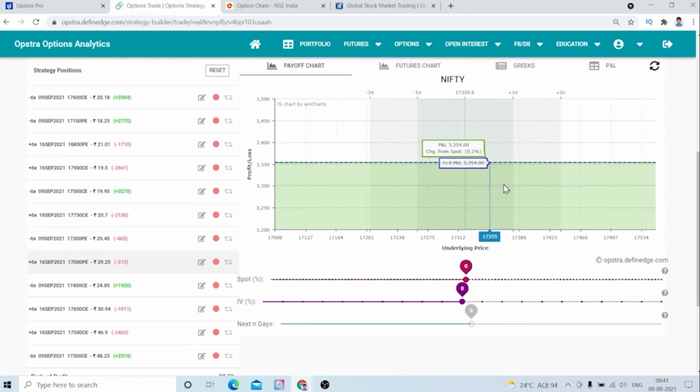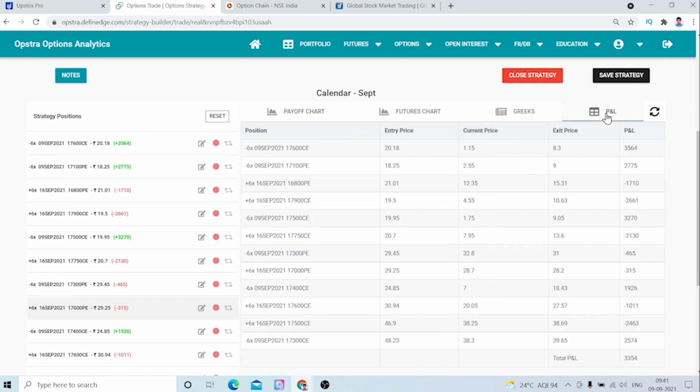We have done adjustments 4 times. Maybe brokerage would be around 500 to 600, but we were able to convert this loss trade to profit. And if we do this trade with more lots, we could earn a very good amount. So this is how we can do adjustments in the diagonal calendar spread.